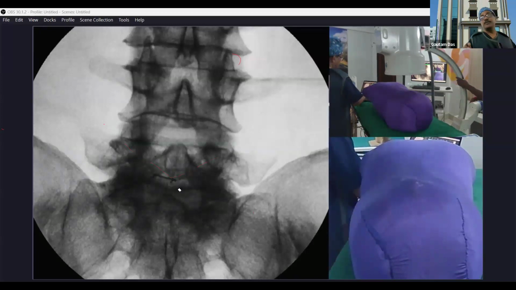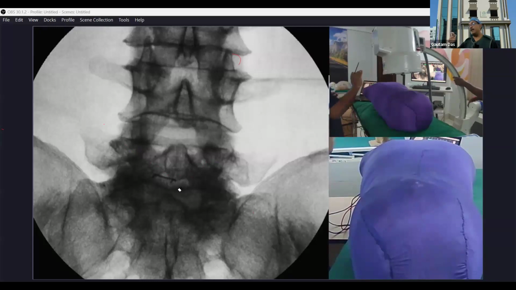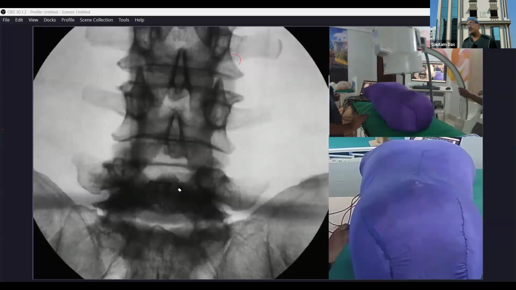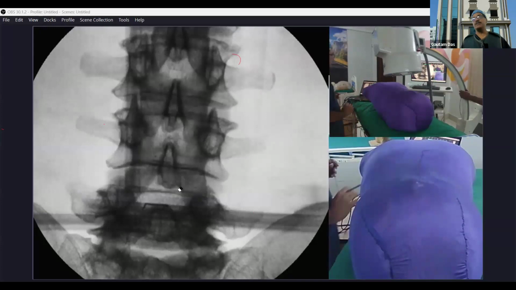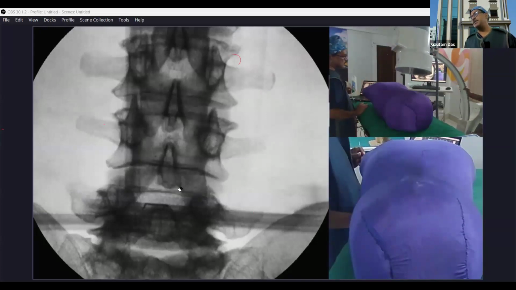Next, what will we do? We'll be going for the cranial tilt to make the end plate of the L5 parallel. Little more. Okay, so now the end plate is parallel. Now I'll be making it oblique. Just follow the similar steps.